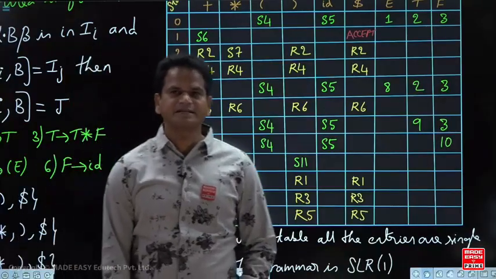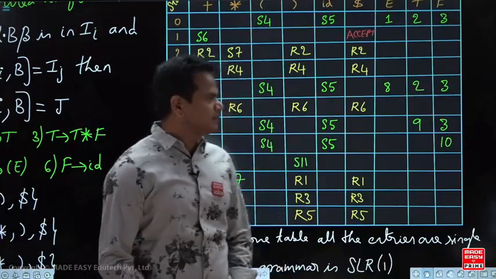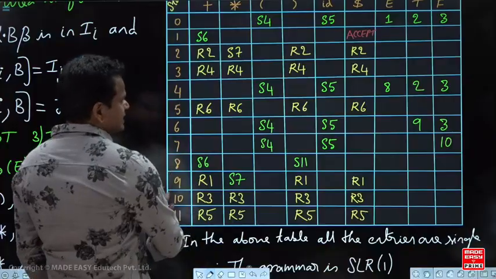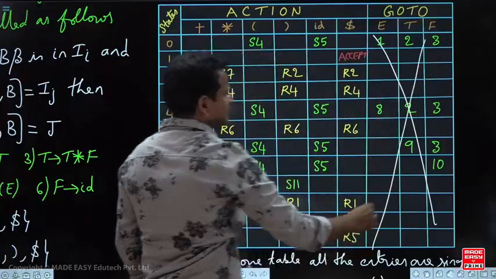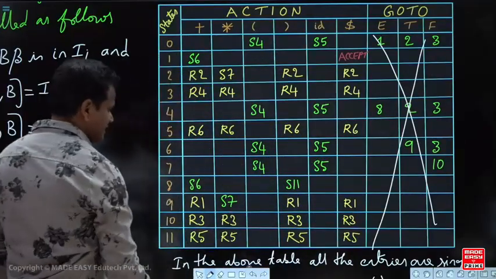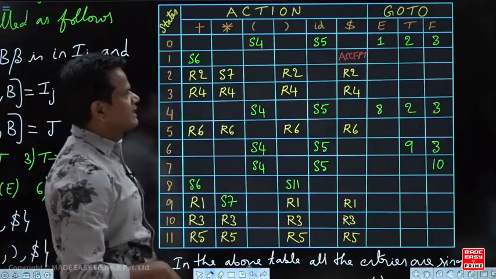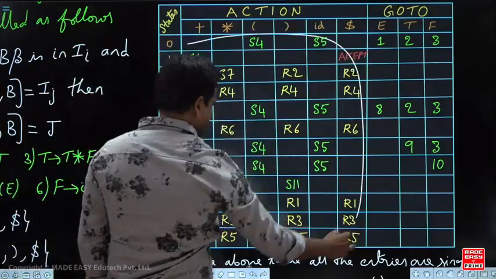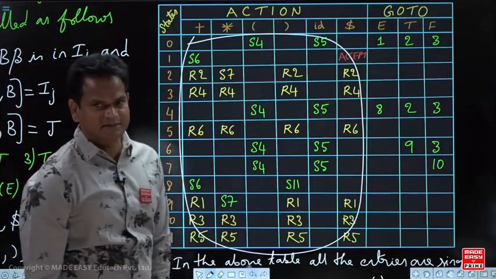If any box contains multiple entries, then it is not SLR(1). And listen, guys, we never get multiple entries in the goto part. Definitely, we have only one entry in the goto part. There is a possibility of getting multiple entries only in the action part.